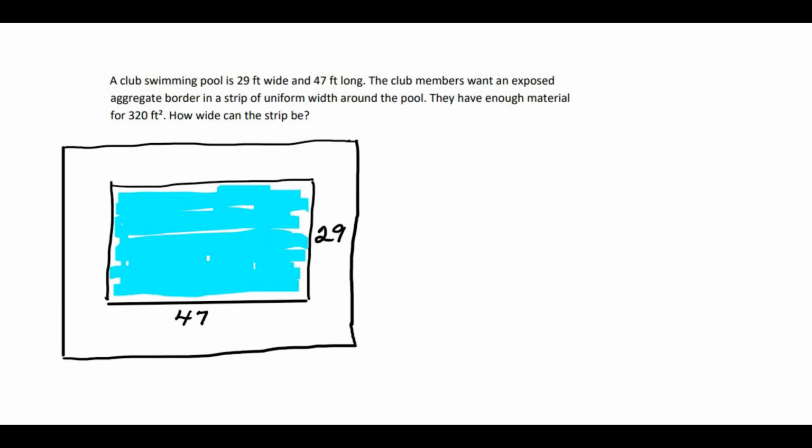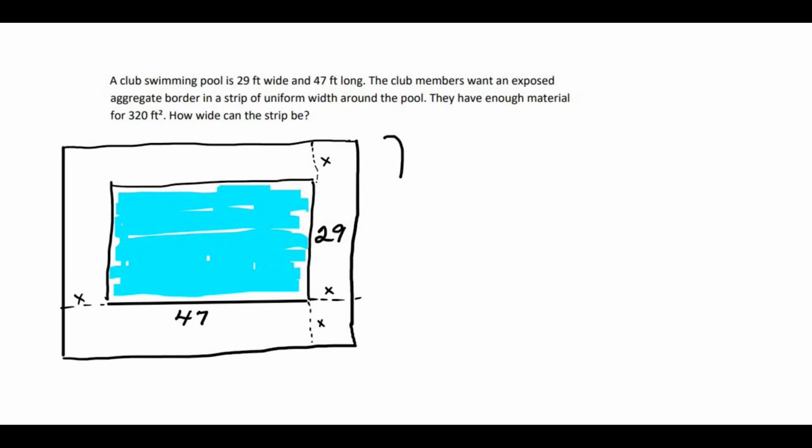Okay, so I have my swimming pool that's 29 by 47. I'm going to put a border around it, and I do not know the width of this border, but it's supposed to be a uniform width, so I'm going to call that length x. This is x, and then going horizontally, I have this to be x and this to be x.